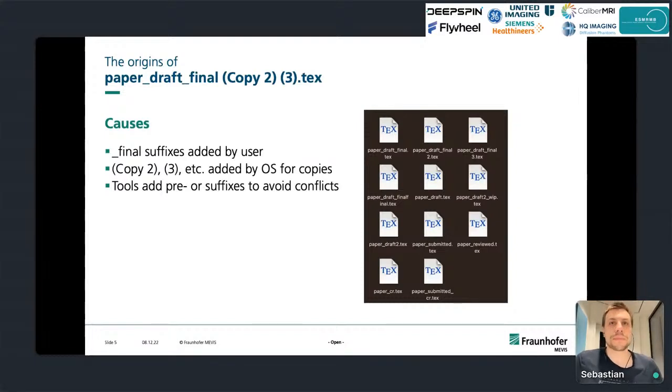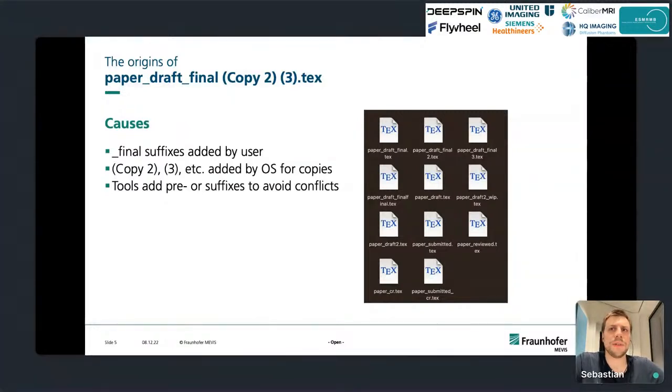All right. So the origins of the paper draft, final, copy 2, 3, text file, whatever madness. Very often this is just because we add these final suffixes ourselves. Sometimes you get those copy 2, for example, because you're making a copy of a file just to be sure that you keep this version. Maybe this sentence is nice, or maybe my algorithm here worked pretty good and I don't want to screw up, something like that.